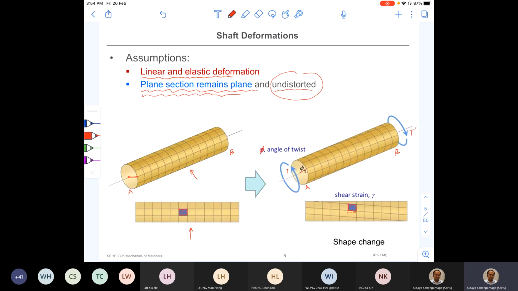This angle here is called gamma, the shear strain, because the shape change is associated with shear strain. So once you apply a torque, you see a shape change. That means there should be a shear stress here, and there should be a shear strain. Okay, so I hope that you can now visualize what is going to happen once you apply a torque.